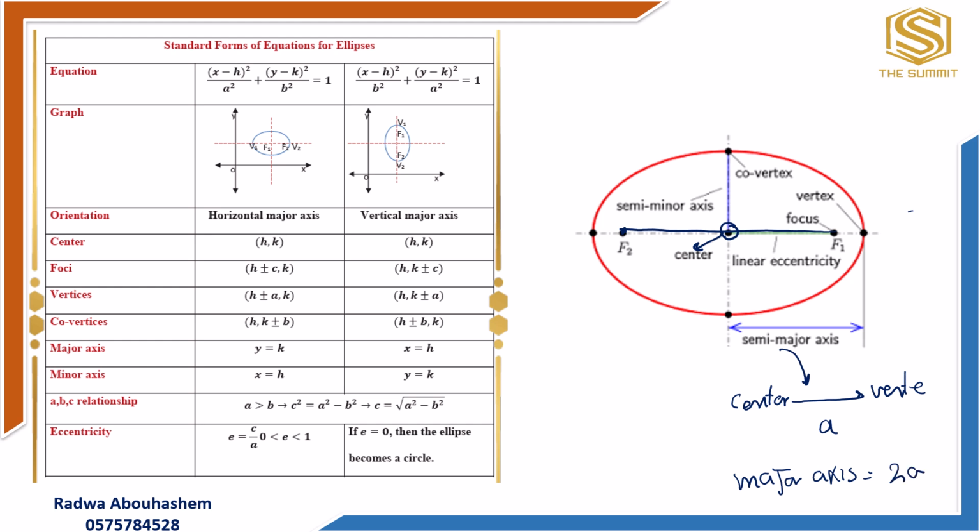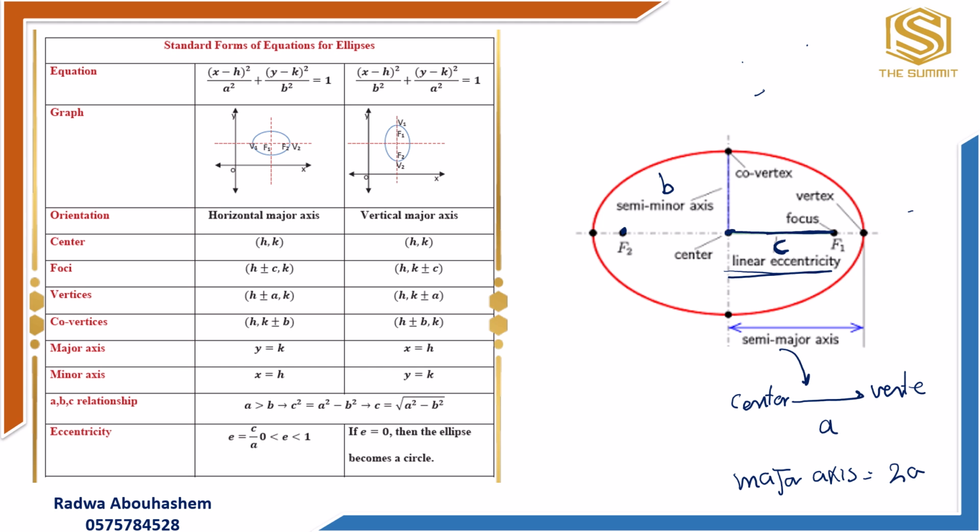And the distance between the center and the co-vertex, here, I call it semi-minor axis, b. So this means that the minor axis equal to 2b. And the distance between the center and the focus, I call it linear eccentricity c. Okay, here are all the symbols and the terminology that you have to know.